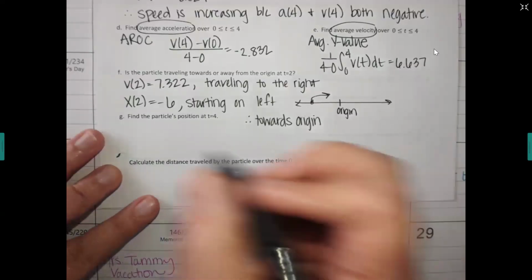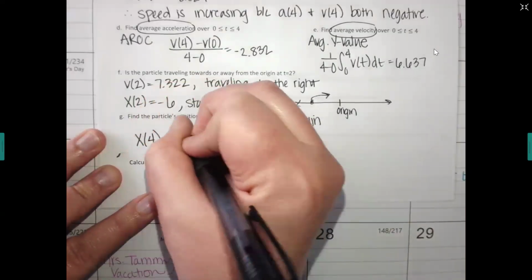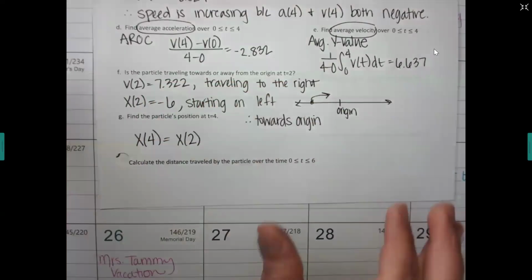Okay, one more question like that. They gave me the position at 2, but they're asking me for the position at 4. So this is going to be where you want the position at one number, but you have it somewhere else. So write down the position that we want is 4. The position that we have is 2.